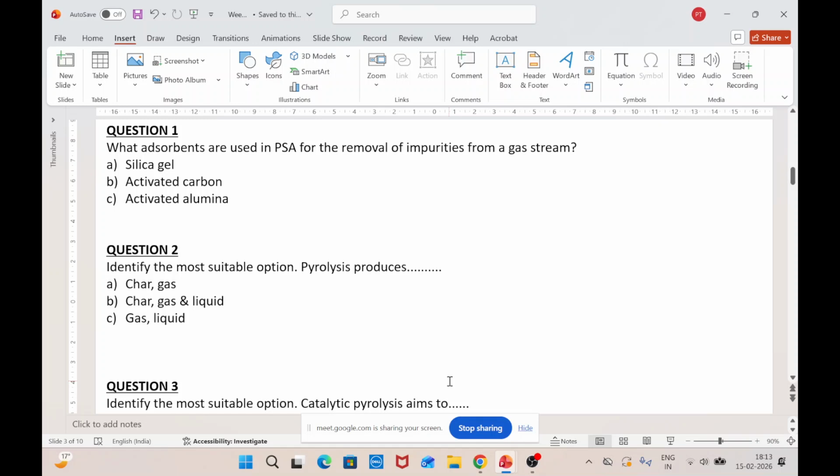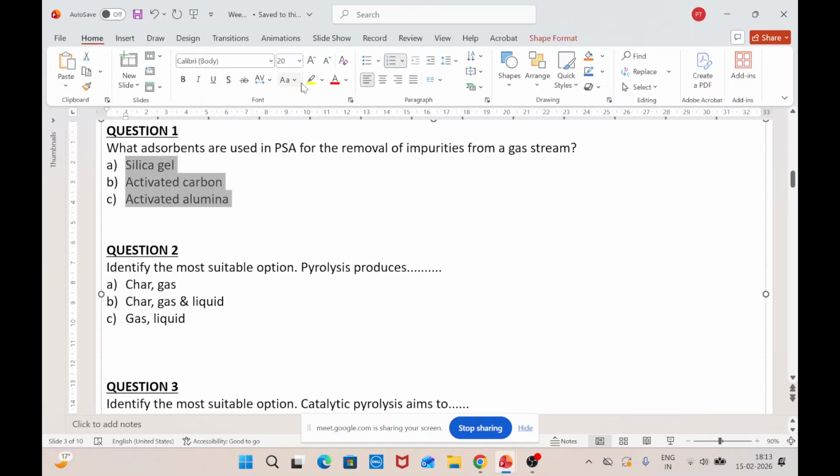It is all three. All the three of them can be used as an adsorbent in PSA for the removal of impurities from a gas stream. Each of them will remove different kinds of impurities. Silica gel, activated carbon, and alumina will be removing different forms of impurities.